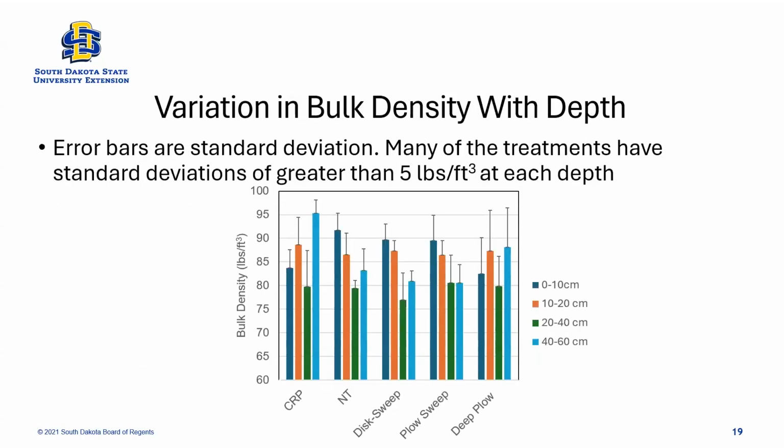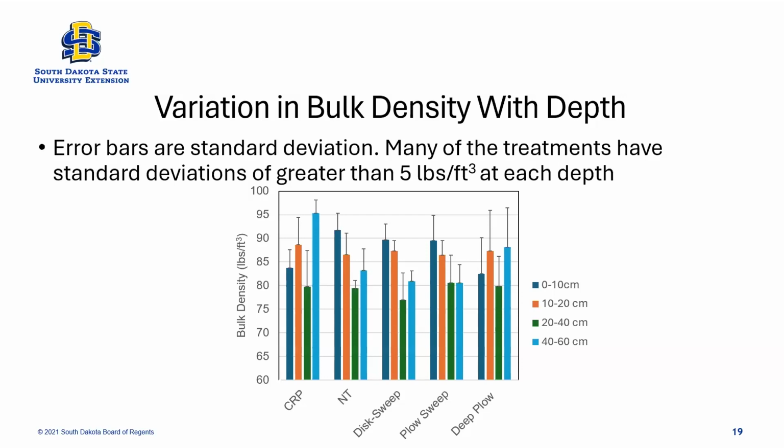So here's the bulk density from the different treatments. In the 0 to 10 centimeter depth, shoot, I forgot to convert it to inches, or 0 to 4 inches, the bulk density was a little less in the plowed plot, the deep plow plot, than the no-till and disc sweep, but it was right on the edge of being statistically significant, which the bulk density affects how much carbon can be stored.